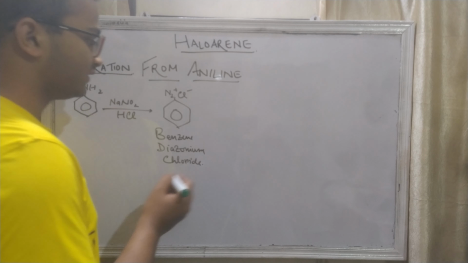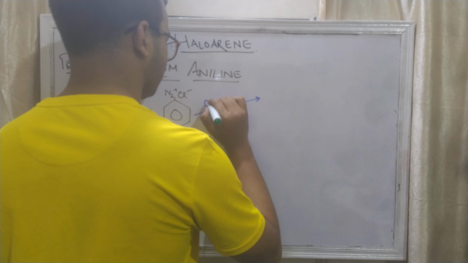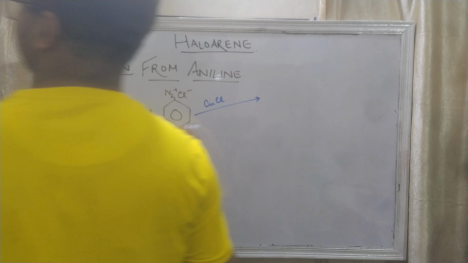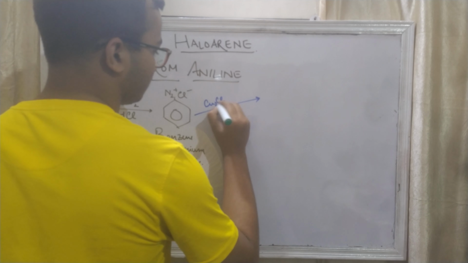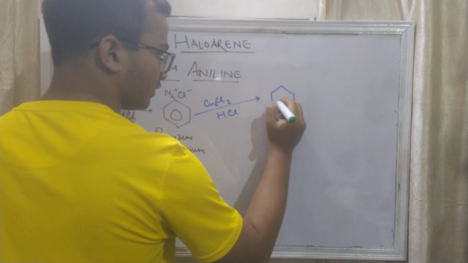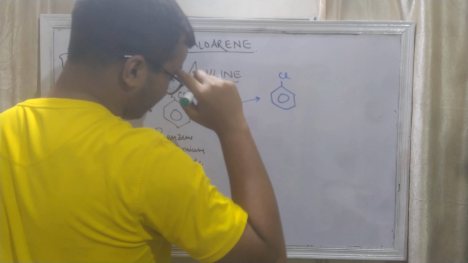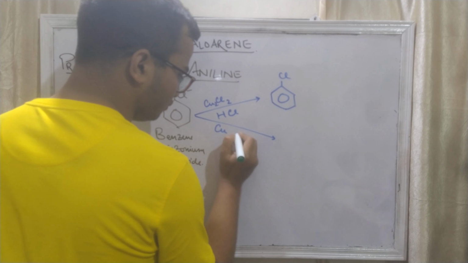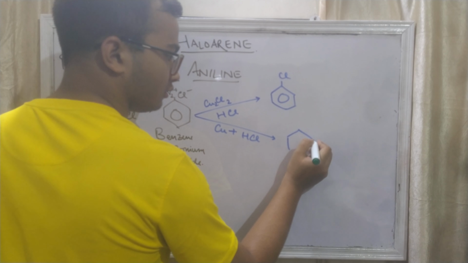So from benzene diazonium chloride, if you treat it with CuCl, okay, if you treat it with your CuCl, this is called the Sandmeyer reaction, and in presence of HCl you get chlorobenzene. Okay, this is a chlorobenzene. When you treat it with Cu plus HCl, you get chlorobenzene again.